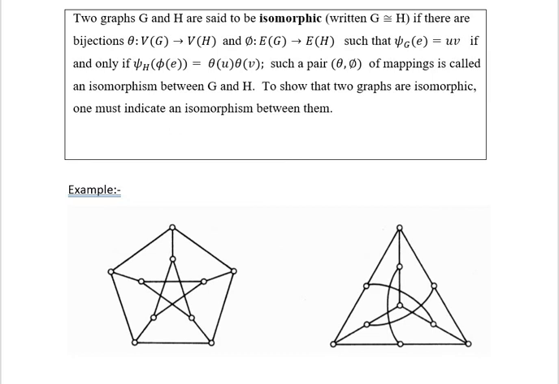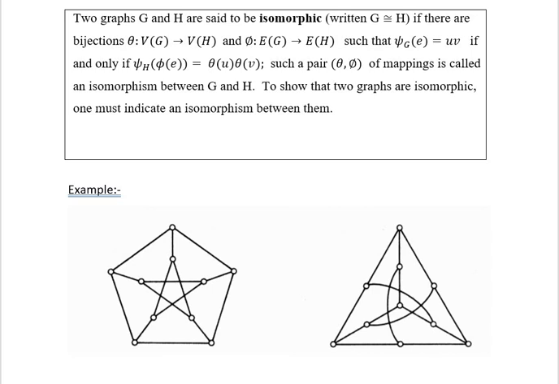This is an example of two isomorphic graphs in which you can see the two graphs consist of 10 vertices and 15 edges. So they are preserving an isomorphism between the vertex set as well as the edge set because they are equal in number. In the first graph there are 10 vertices, and in the second graph also there are 10 vertices. In the first graph there are 15 edges, and similarly in the second graph there are also 15 edges.